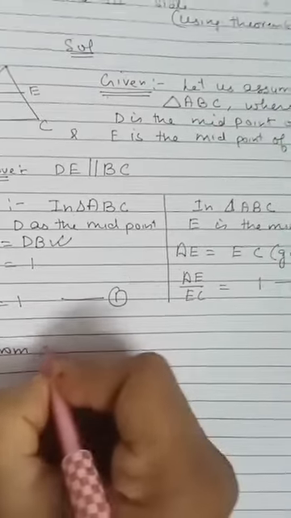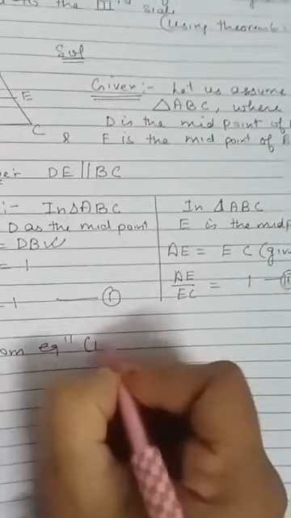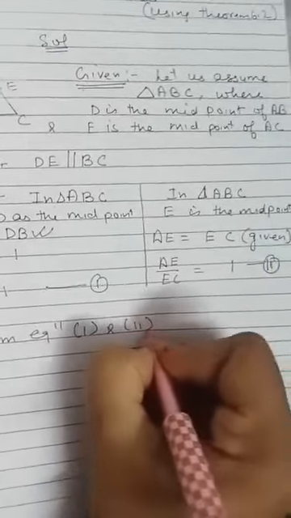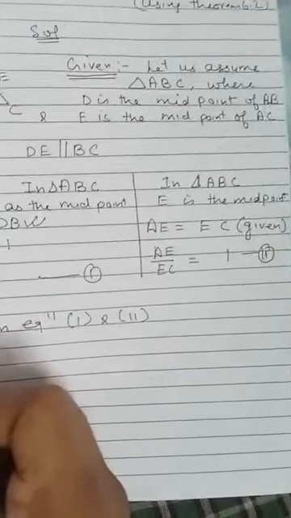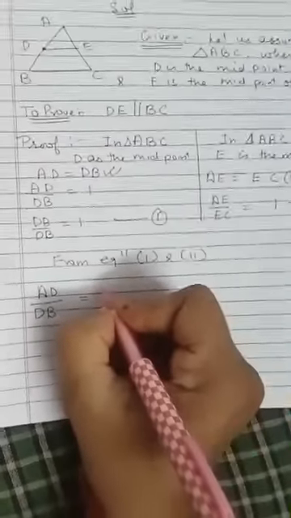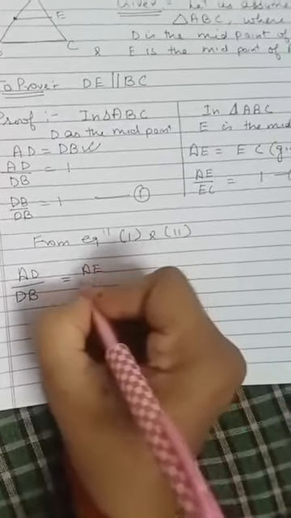So from equation 1 and 2, AD upon DB equals AE upon EC. Why this?